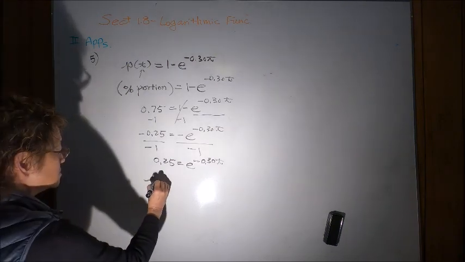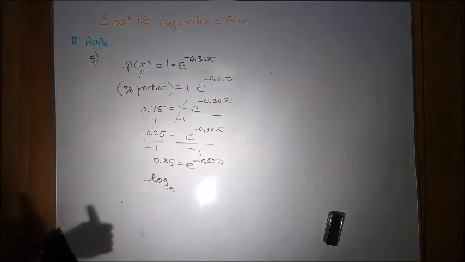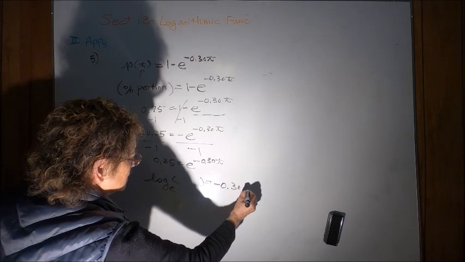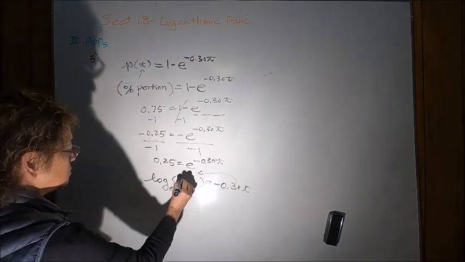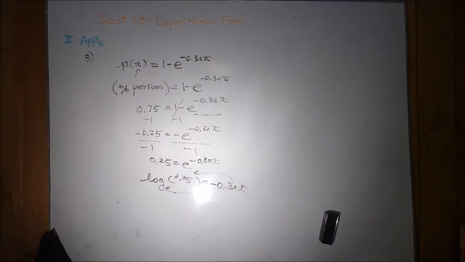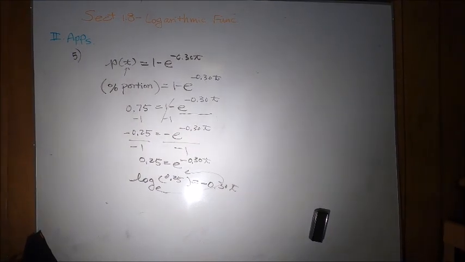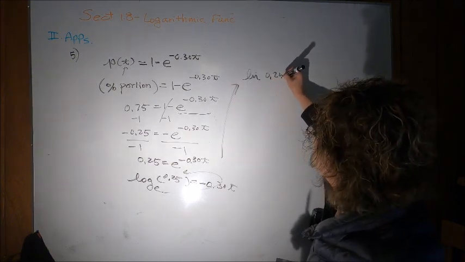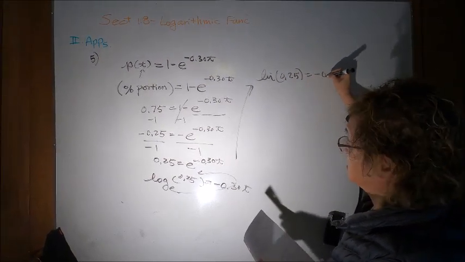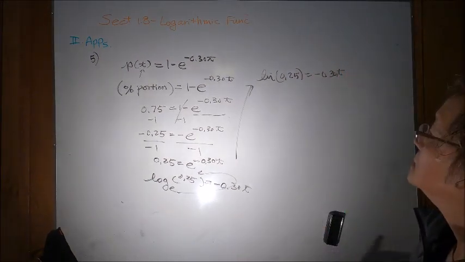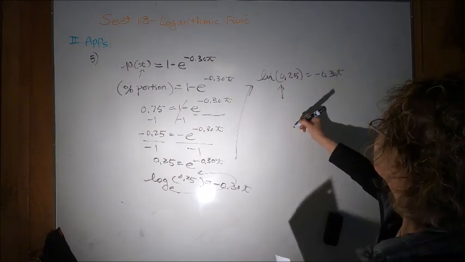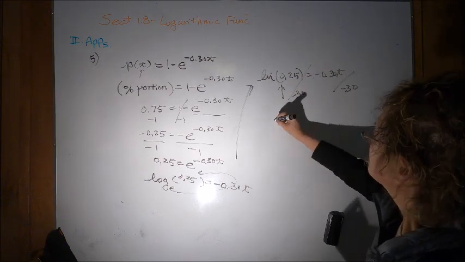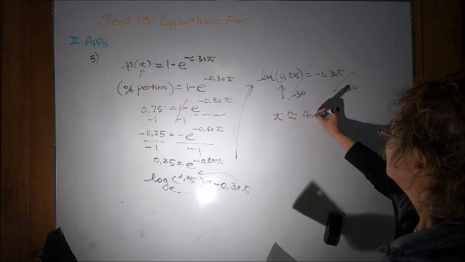Not the same base, so we rewrite it with log base e, hooking the exponent to the result this way. Then log e means natural log. The natural log of 0.25 would be this, then you use the calculator to find the value and divide it by 0.30. So your t is about 4.6 hours.